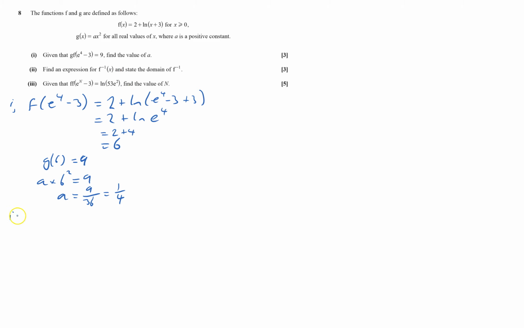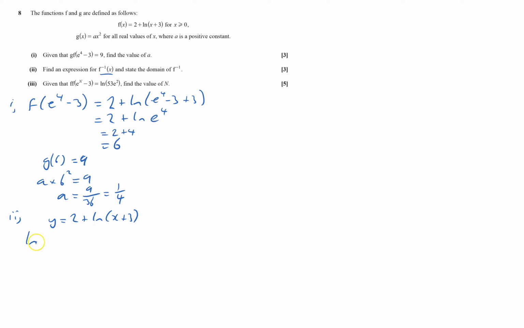Find an expression for the inverse of f of x. Okay, for doing this, I'm going to put y as being that. So y equals 2 plus ln of x plus 3. And then I'm just going to undo everything until I get x equals. So first thing I'll do is take away 2.